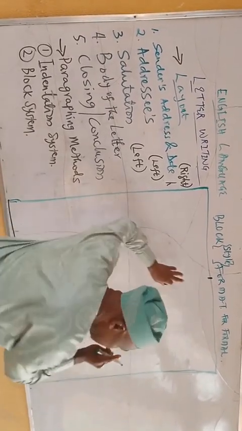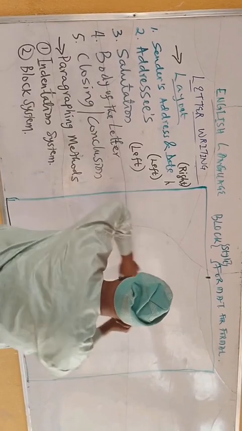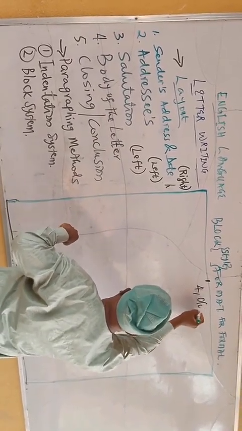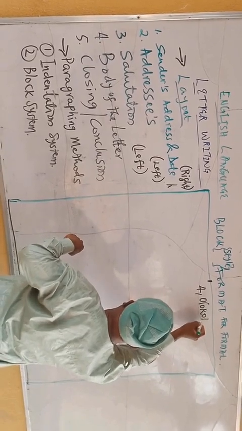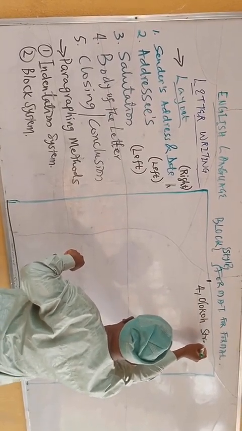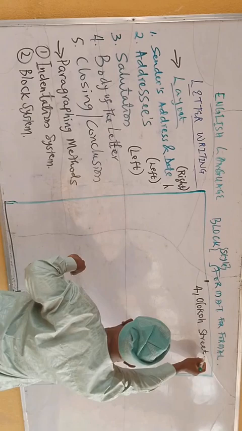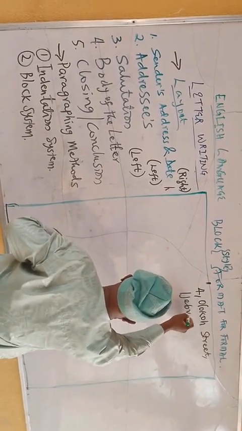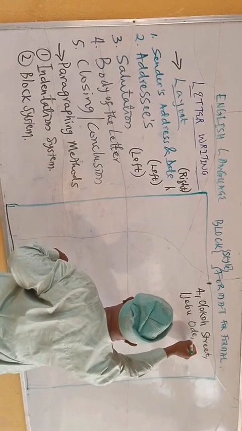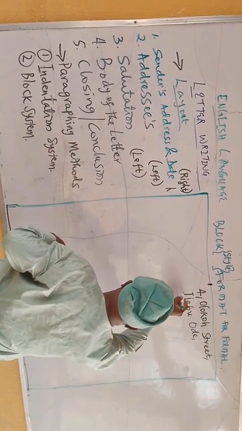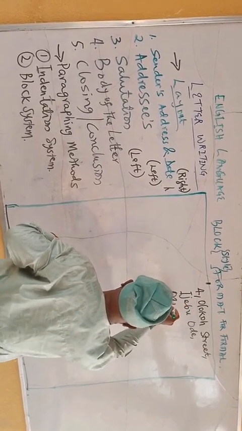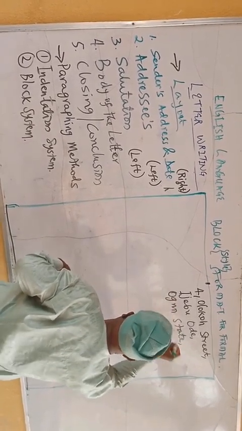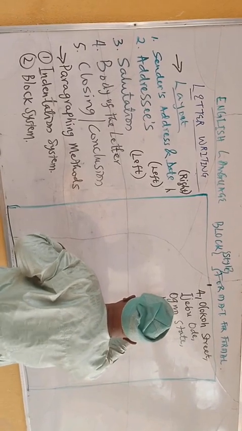So my address will be 4 Oloko Street, Ijebu-Ode, Ogun State, Nigeria.